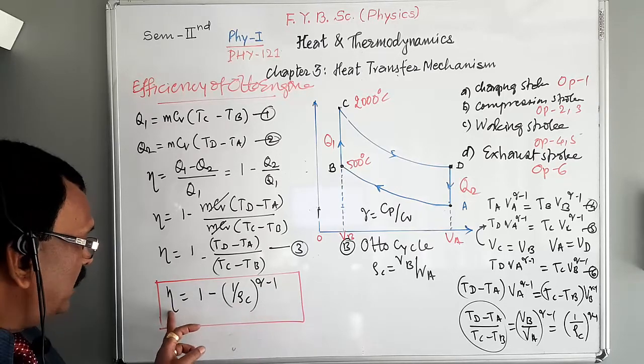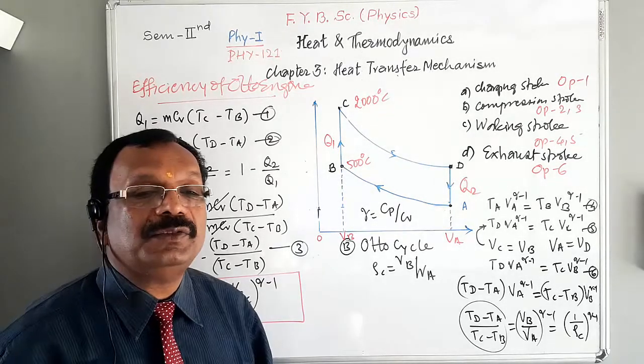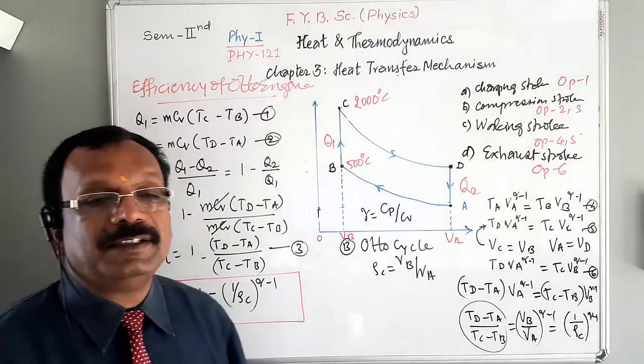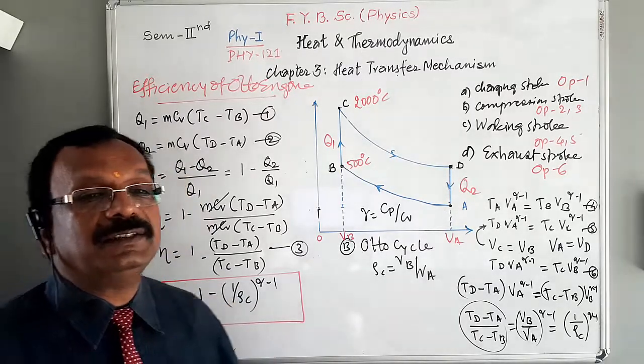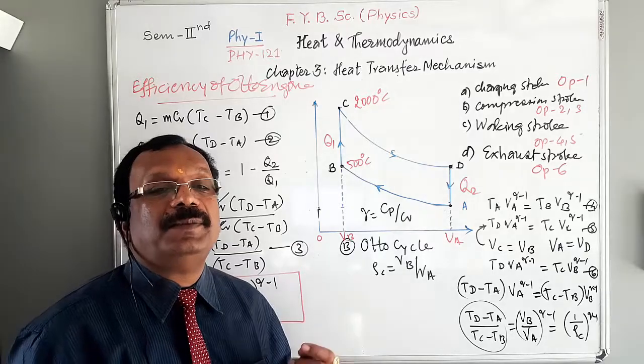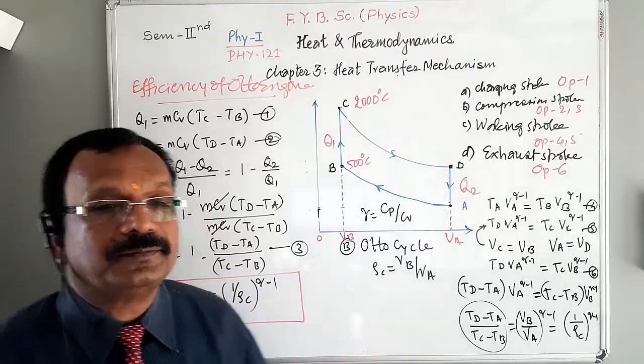Either efficiency or compression ratio can be calculated from this equation. So this equation gives the expression for the efficiency of the Otto engine.